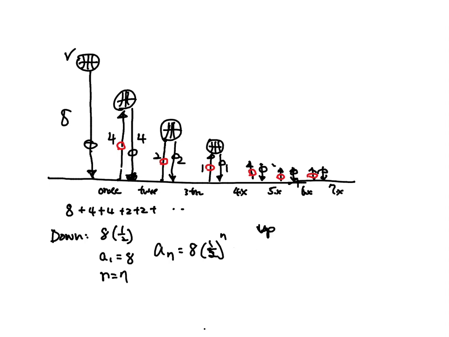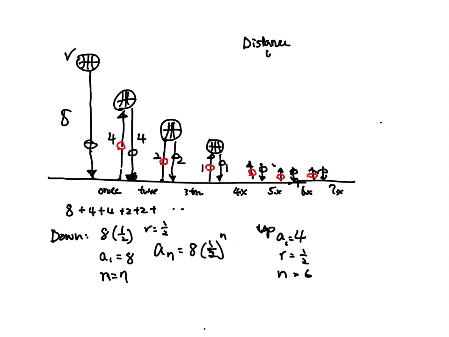So going up, our first term is 4, and then our ratio again is 1/2, but our n is only 6 because there are only 6 bounce ups. So to figure out total distance, we need to figure out the distance going down plus distance going up.